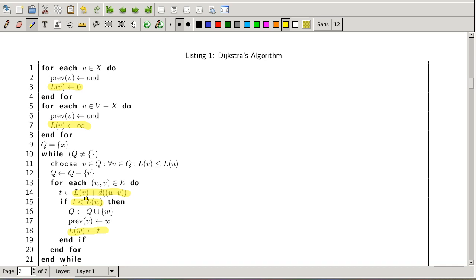So in iteration k plus 1, we make use of that induction assumption and apply it to L of w. In other words, by the time we get to iteration k plus 1, where we have to update L of w, L of v is already non-infinity from iteration k, the previous iteration, and then by induction assumption, we already know that there's a path from v to a destination vertex.